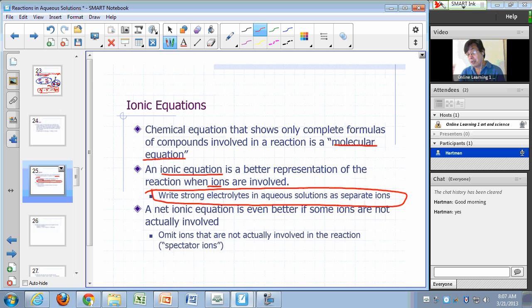If they're strong electrolytes, that means they're completely dissociated in water. If they happen to be in water, you write them as separate ions. And then if you remove ions that are not actually involved in the reaction, if you remove the spectator ions, you get what's called the net ionic equation. And that's the best way to represent what happens in solution.